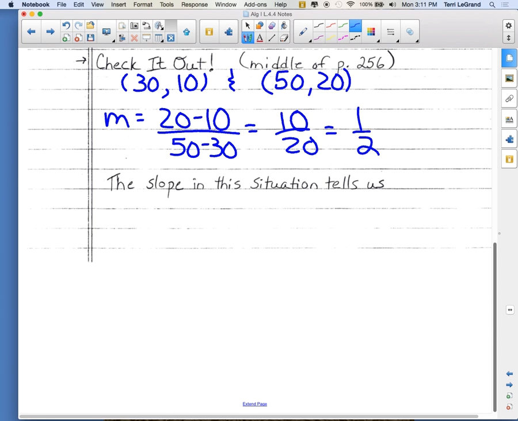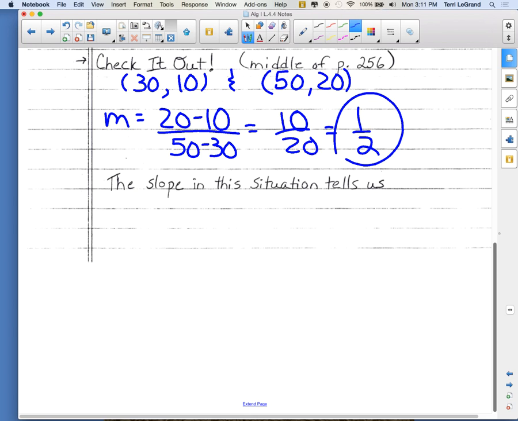Sure enough, I got 1/2. 10 over 20. Maybe you got -10 over -20 because you started with the other point. Okay. So our slope should be 1/2, and right now I'm feeling kind of good about that because the graph is rising from left to right. So we should get a positive slope.